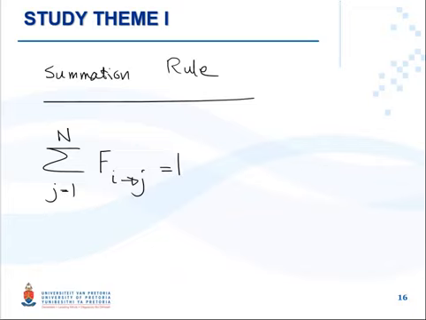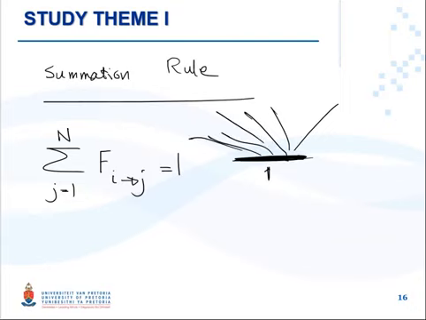But let's see if it really makes sense. For example, I have a surface, I call it surface 1. So radiation goes out to different surfaces.